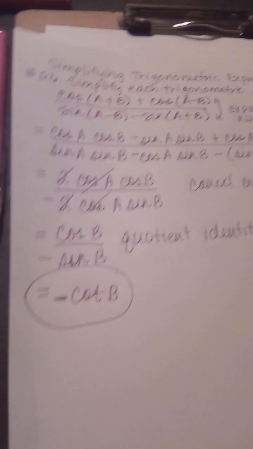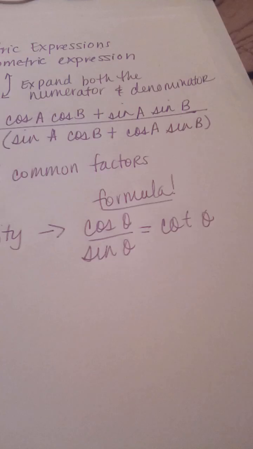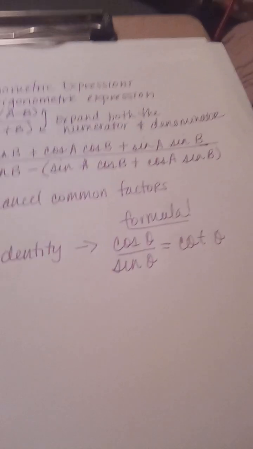This is the formula: cosine theta over sine theta equals cotangent theta. So we have cosine B over sine B equals negative cotangent B. This is the formula. So, any questions on number 12?